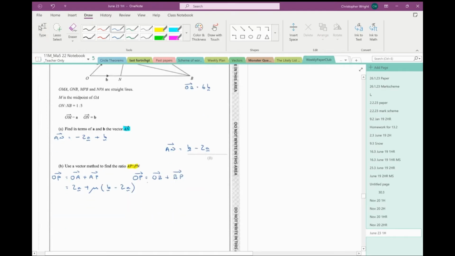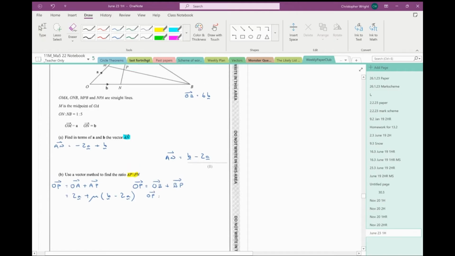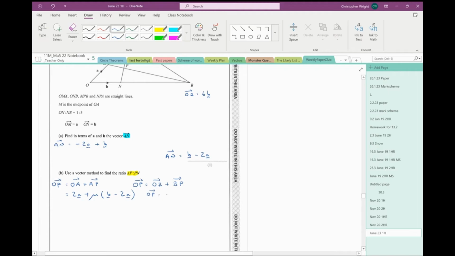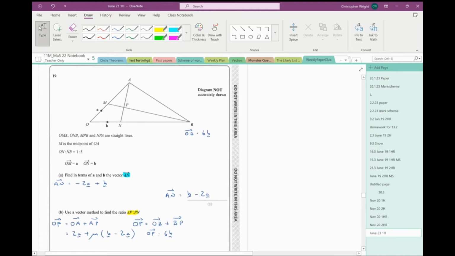So that means that OP is going to equal O to B, which is 6B. Fine. Now I have to go from B to P. That's going to be a certain fraction of B to M. Let's just work out B to M here, shall we?